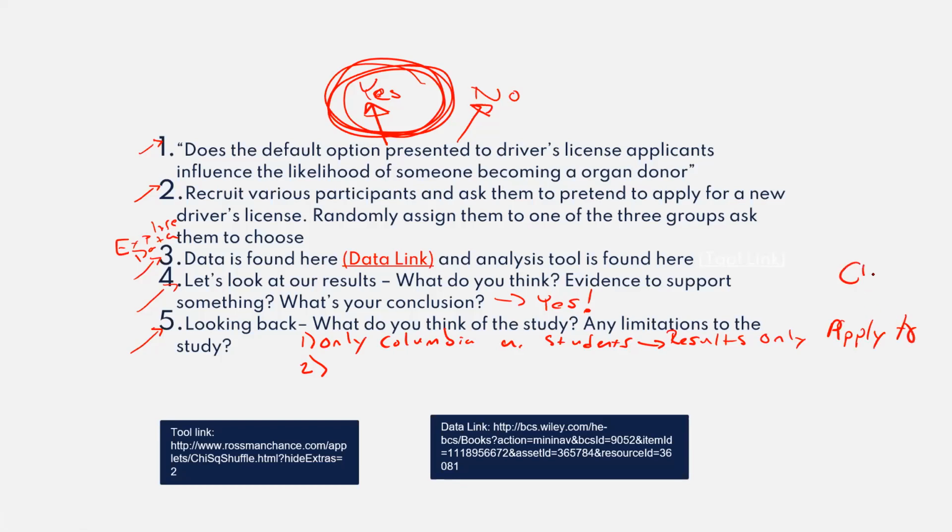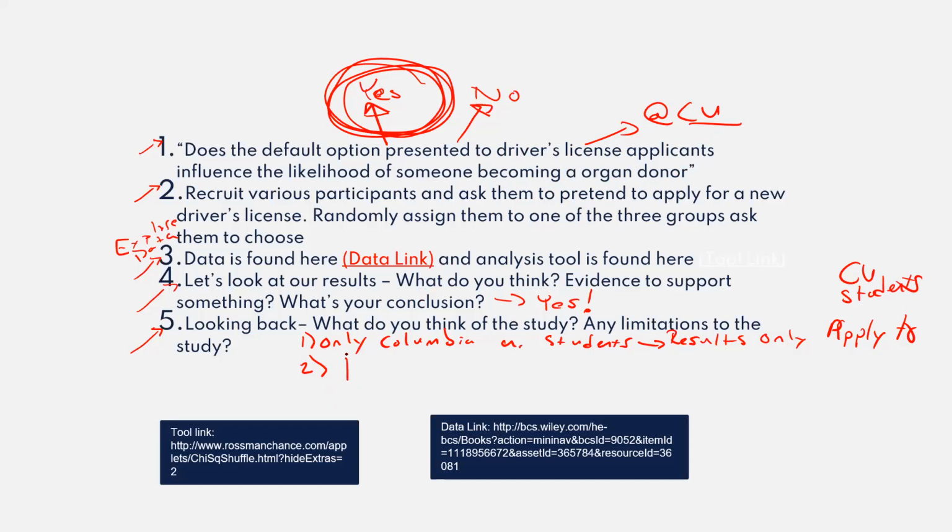I'm just going to put CU students. So really what we're saying here is, does the default option presented to driver's license applicants at Columbia U influence their likelihood? Yes. So you really can't take this result and apply it to the general population, okay? Because our sample, the students we sampled, are only from Columbia University. So that's a big issue.